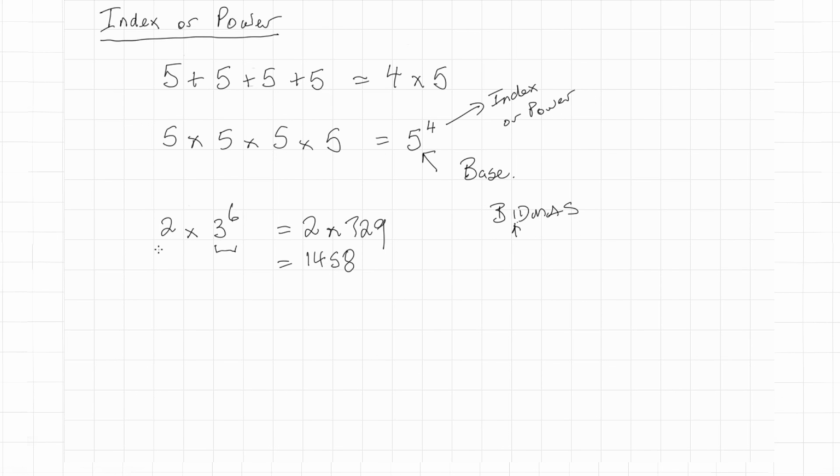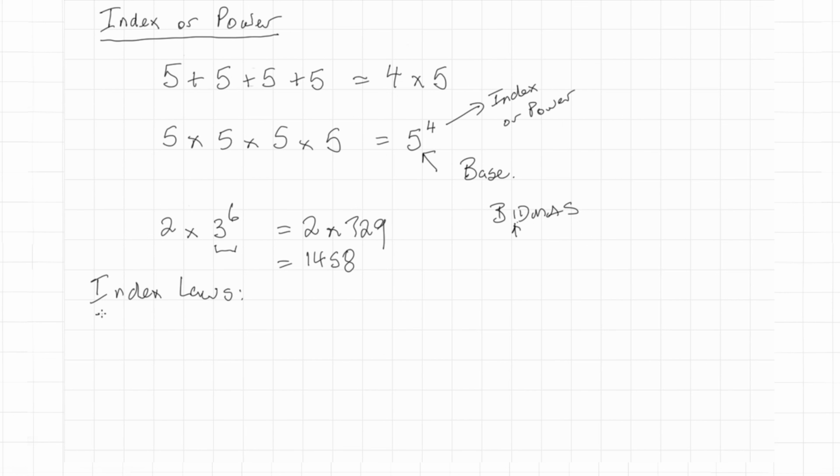Okay, so we've got indexes and powers, and there are some rules that govern how we cope with these indexes and powers. So we'll call them the index laws. They are laws that need to be committed to memory, and once you get the hang of them, they should fall into place for you.